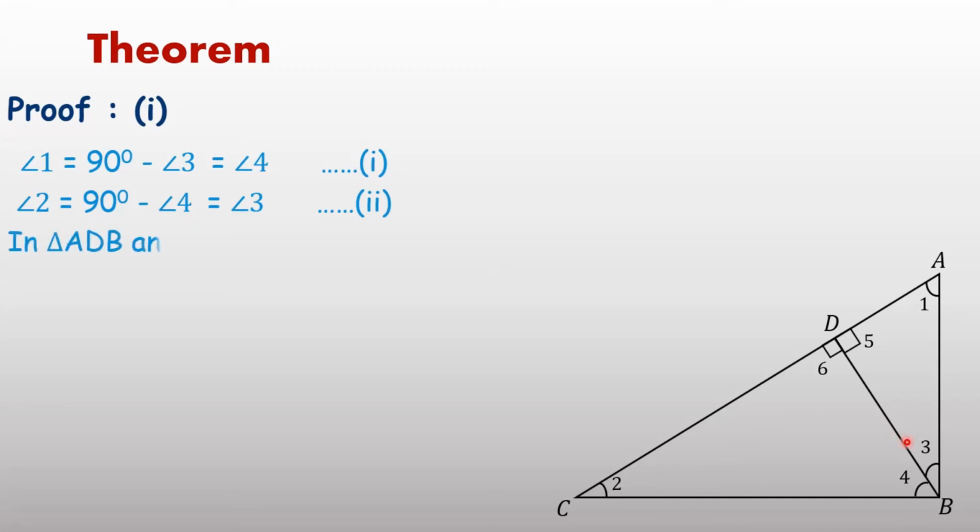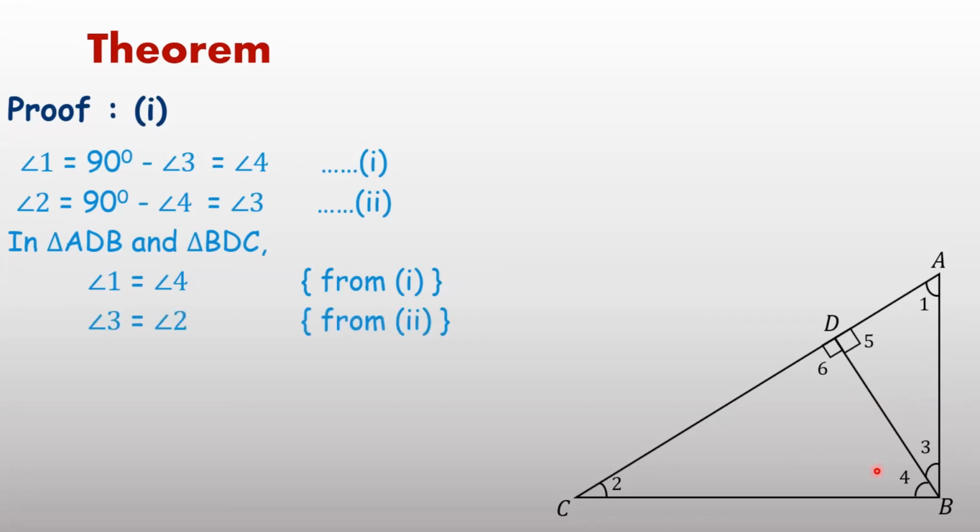Now take these two triangles, triangle ADB and second triangle BDC. Angle 1 equals angle 4 from equation first. Angle 3 equals angle 2, equation second.